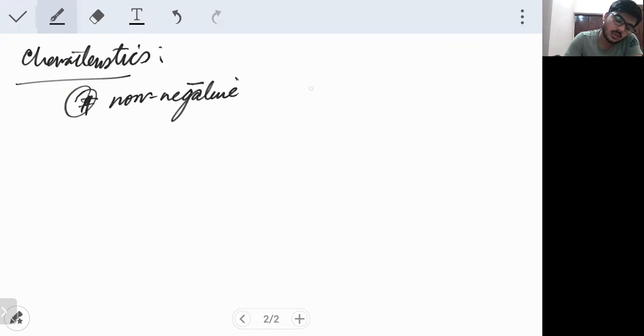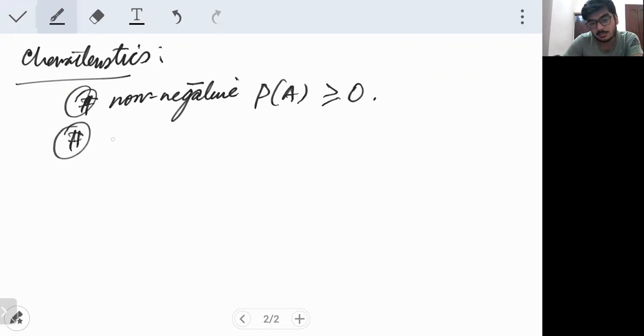What does it mean? The probability P(A) has to be greater than or equal to 0. These are the conditions that are needed and that should hold. The second is that the probability of the sample space is 1, right? The probability of the sample space has to be equal to 1.